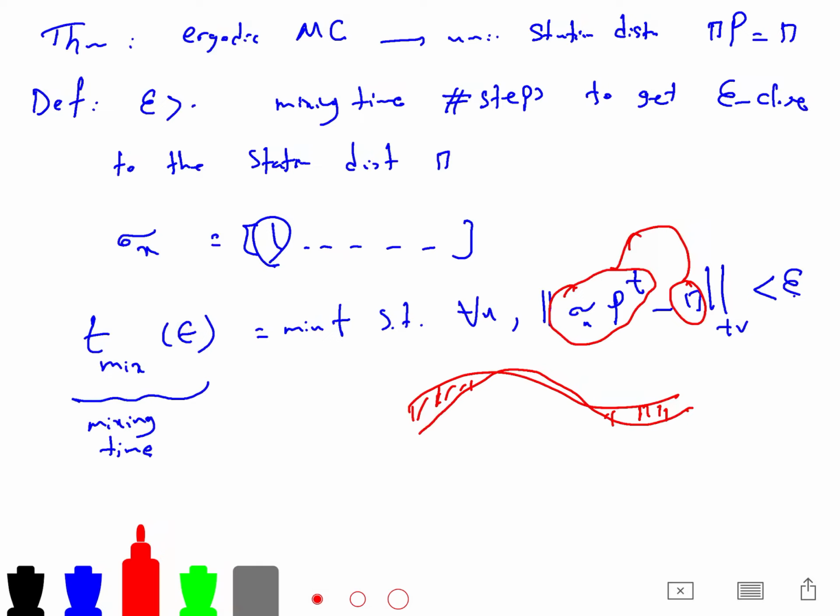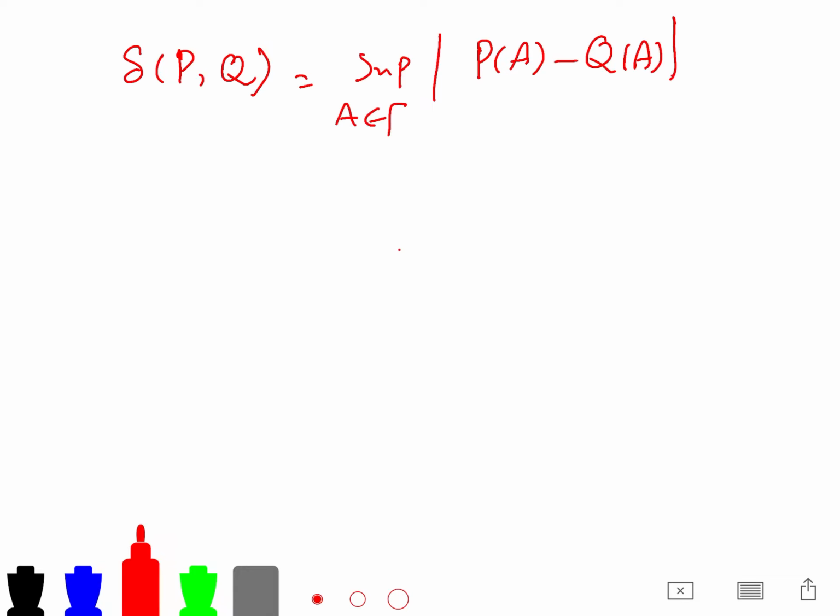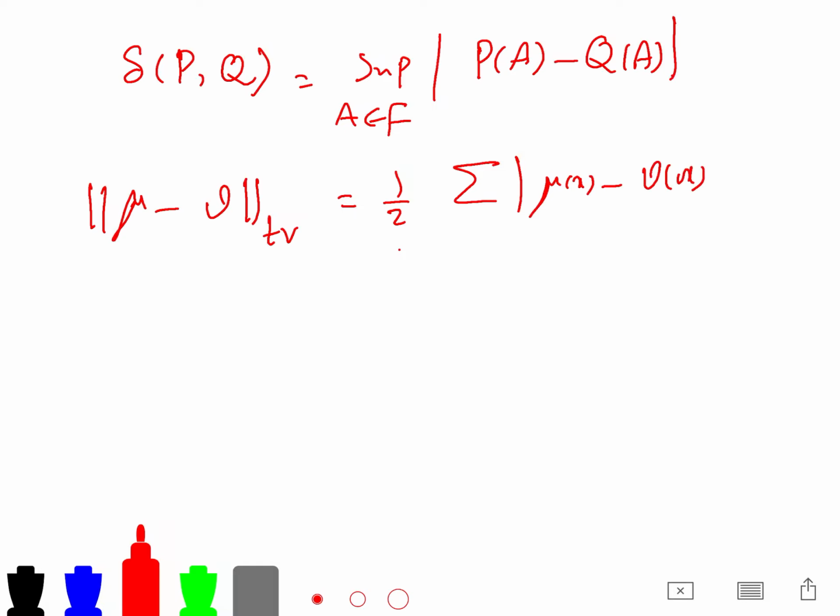And the total variation distance between two probability measures P and Q is just the supremum over A of P(A) minus Q(A). And for example, if mu and nu are two probability distributions, the total variation is just 1/2 the sum of |mu(x) minus nu(x)|.